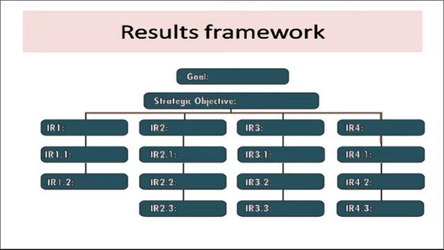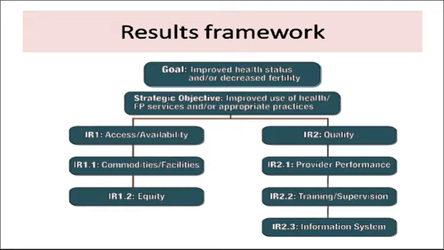I'll take up another example which will help you understand. So let us look at an example from the health sector. So here the goal is improved health status, that might be one thing, or decreased fertility.